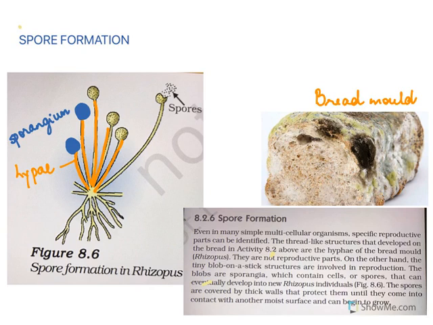The sporangium contains the spores. Once the sporangium becomes mature, it opens up and releases these spores all over.